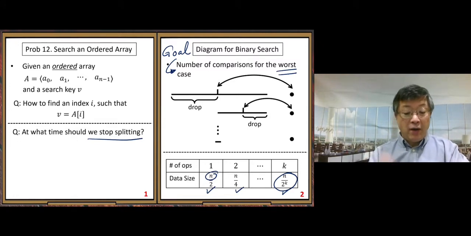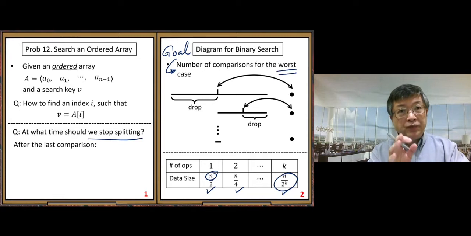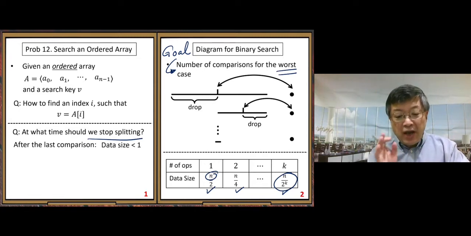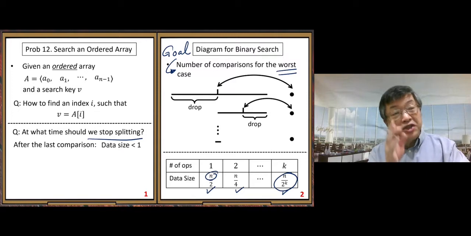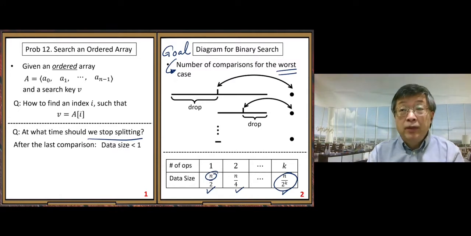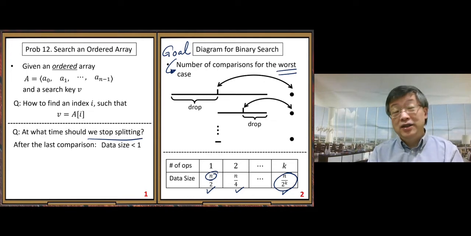So here I want to do the analysis in this way. After the last comparison, if the data size is strictly less than 1, then we should stop. Why would you want to split it? If the data size is less than 1, you should not split it because it cannot cover 2 elements.